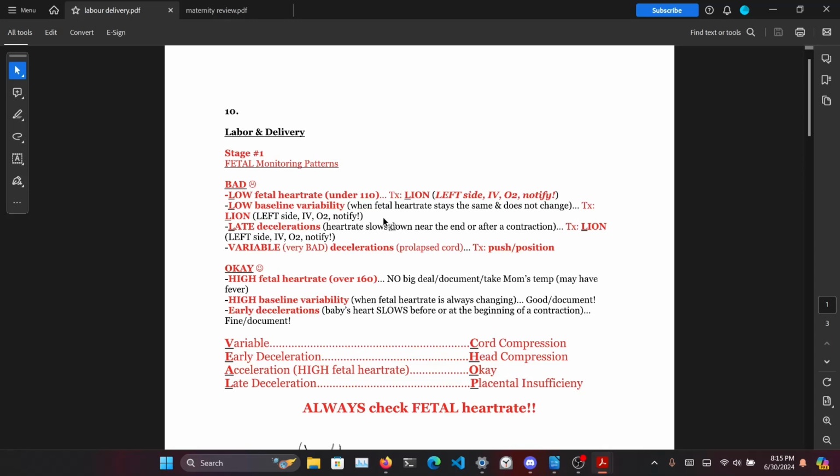So deceleration will be there, but it's unrelated to contraction. It can happen at any time, and in this condition, you will stop the infusion of the oxytocin again, and same thing, you will change the position of the mother, give oxygen, and notify the doctor.